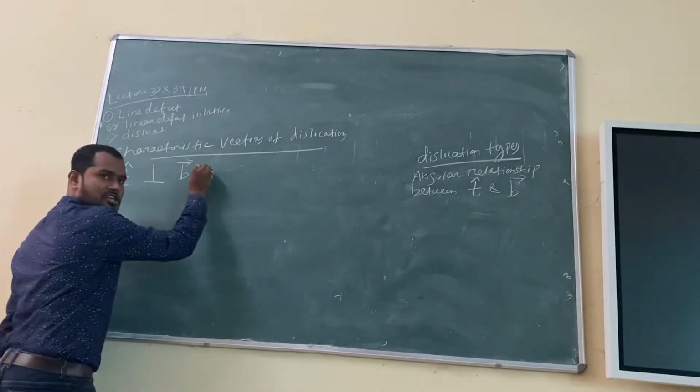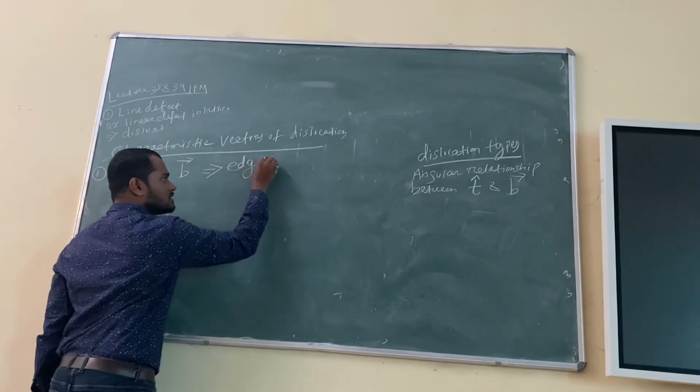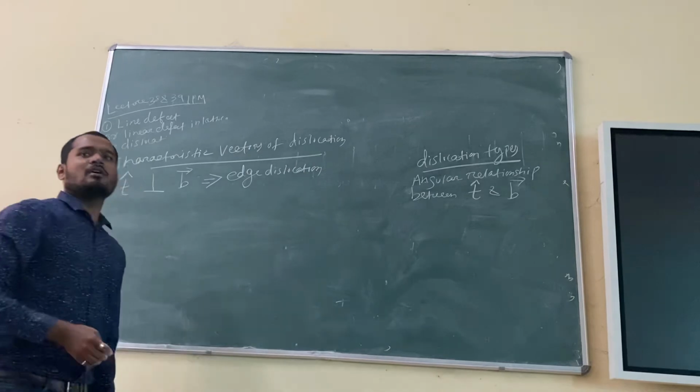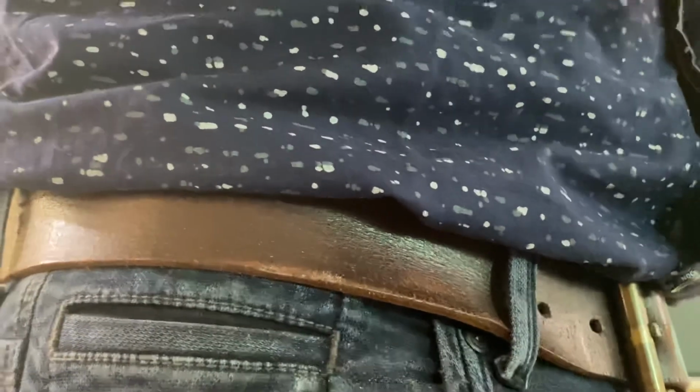So if this is the condition, then dislocation is called edge dislocation. In the GATE examination, many times this kind of question is coming. In case of which dislocation is the line vector perpendicular to the Burgers vector? Answer is edge dislocation. Or in edge dislocation, what is the relationship between the line vector and Burgers vector? Because you should not be confused. The tangent vector is also called line vector. Other name of tangent vector is line vector. Right? So these kinds of questions are already there in the GATE examination.